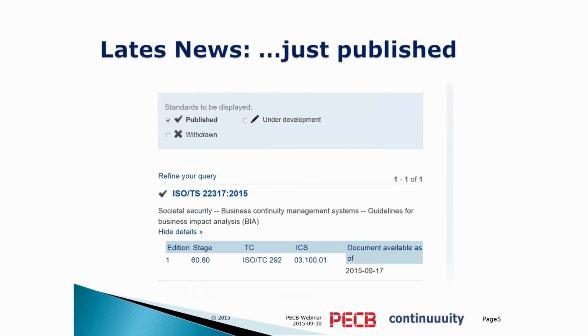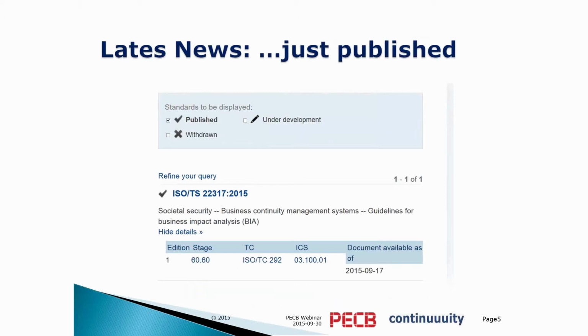That we can see near the top of the screen here. So it's really just off the press, the printing press. Of course, you may obtain this standard directly in paper form or in electronic form from the International Standards Organization, ISO.org, or from your local national standards body.